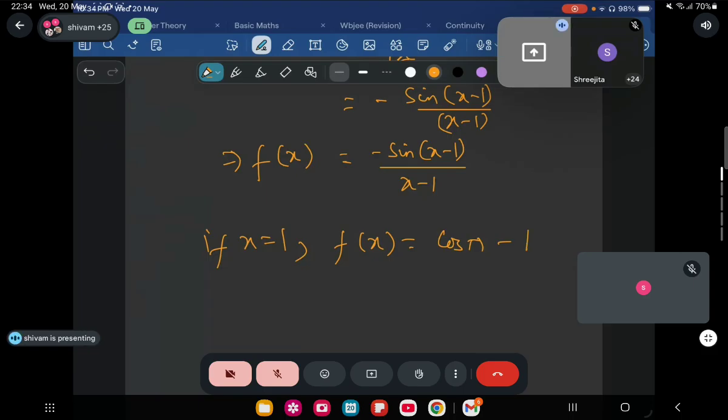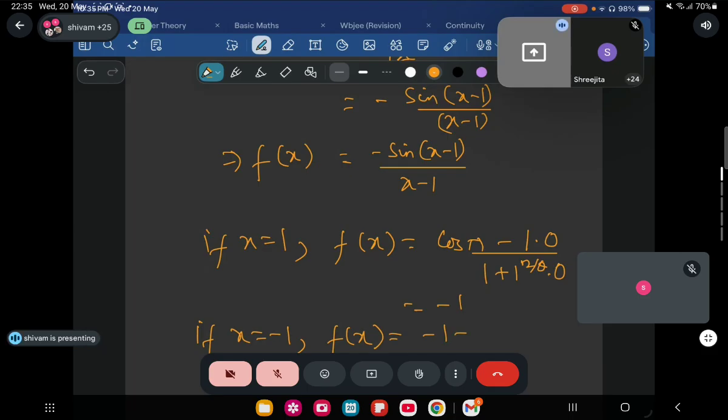1 into sine 1 minus 1, that is 0, divided by 1 plus 1 to the power 2 by theta into 0. This will become cos pi. Cos pi is -1. So exactly at x equal to 1, f of x equals -1. And if x equals -1, f of x will be cos of -pi, and cos of -pi and cos of pi are the same, so -1.